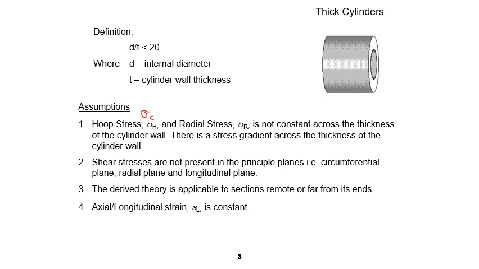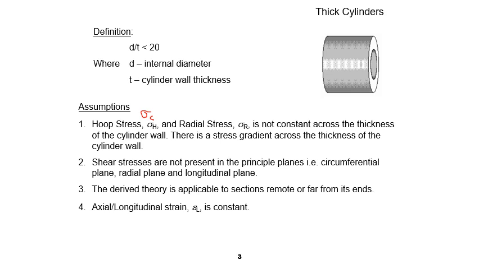Second assumption: shear stresses are not present in the principal planes. This is the same as stress transformation. When we are on the principal planes, there are no shear stresses. So for a cylinder under pressure only, the circumferential plane, radial plane, and longitudinal plane are the principal planes.